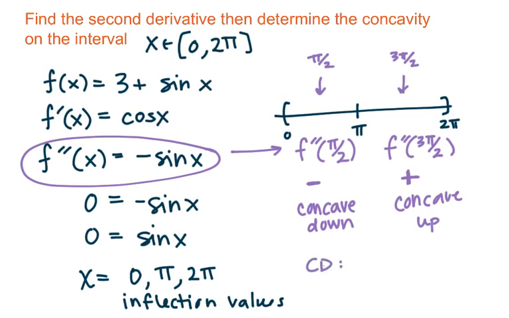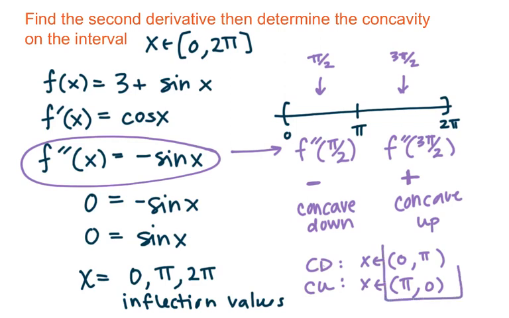The graph of my original function f of x, which is 3 plus sine x, is concave down when x is from 0 to pi, and we are concave up when x is between pi and 2 pi. So that would be the answer we're looking for here.